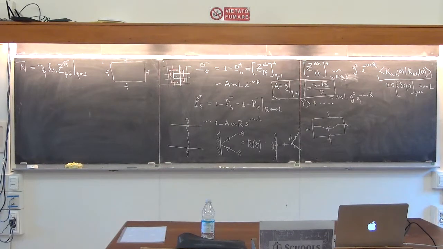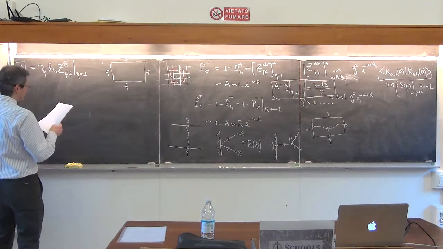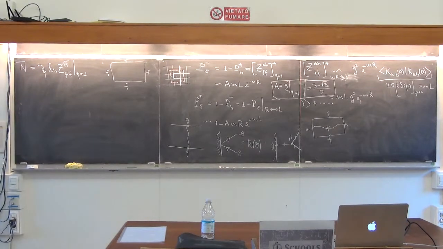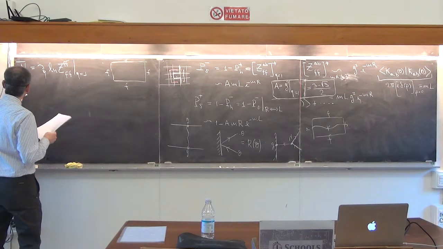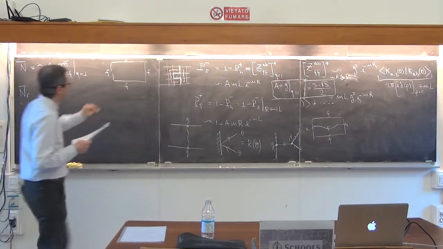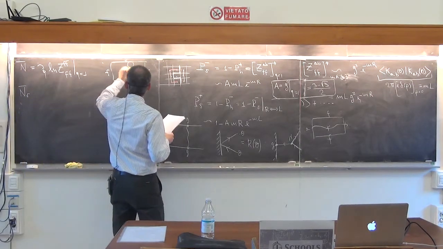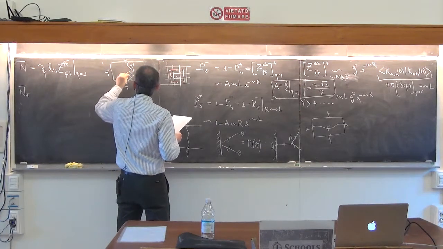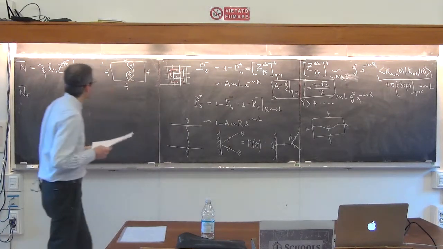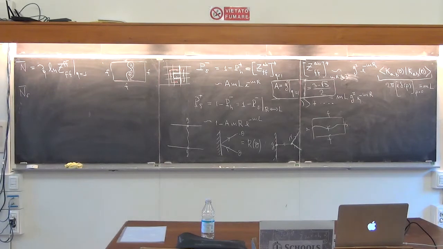On the other hand, if I'm interested in the number of vertically crossing clusters, we will have clusters like this, which I call V, and I want to count these clusters.